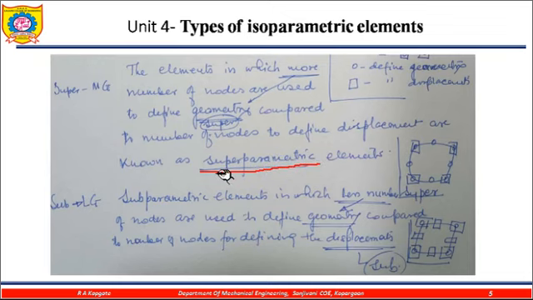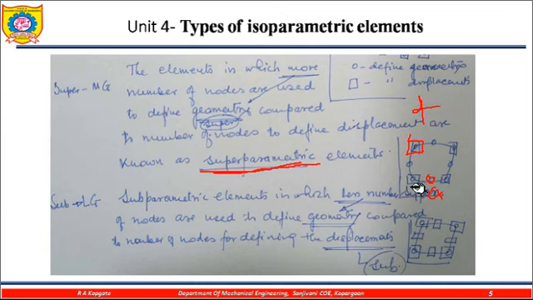The superparametric element. Now here again see the symbols of a geometry. This circle is showing the geometric representation, and the rectangle is showing the displacement.